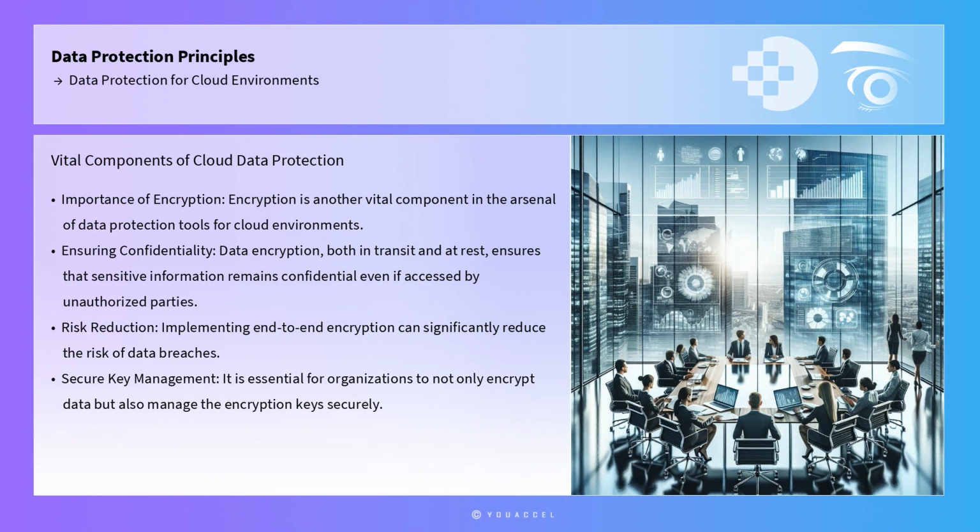For instance, a case study involving a healthcare provider demonstrated that implementing encryption protocols led to a 60% reduction in data breach incidents. It is essential for organizations to not only encrypt data, but also manage the encryption keys securely. Utilizing hardware security modules or cloud-based key management services can provide additional layers of security.